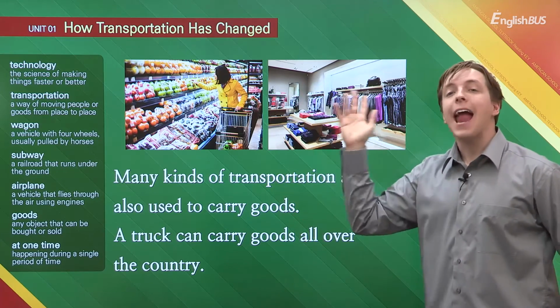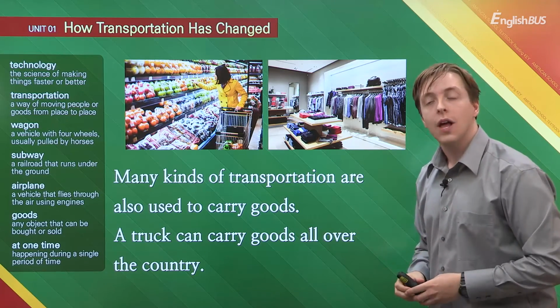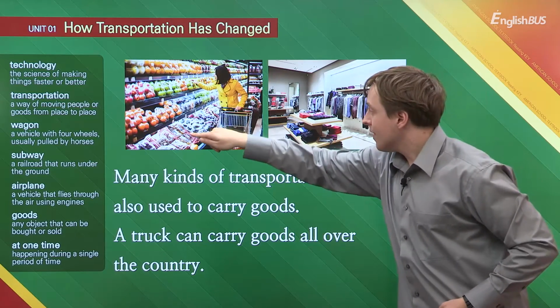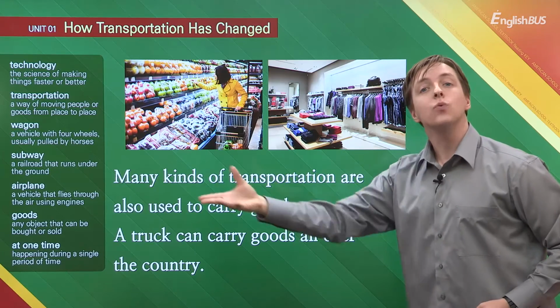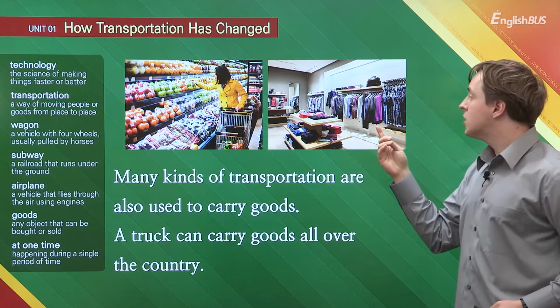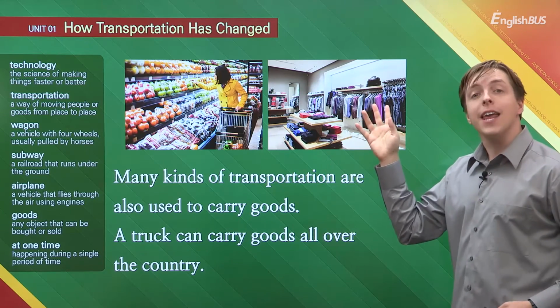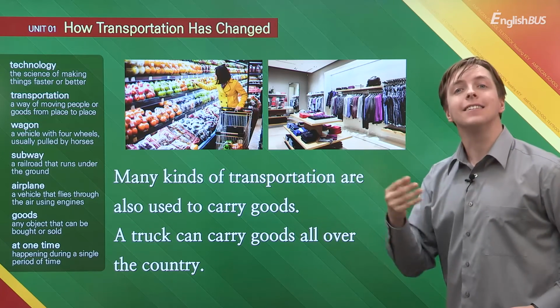Goods are just anything that can be bought or sold. Like here is a supermarket. And these fruits, they are goods, things we can buy or sell. And in this store, these clothes, shirts, and pants, these are goods, things we can buy and sell.